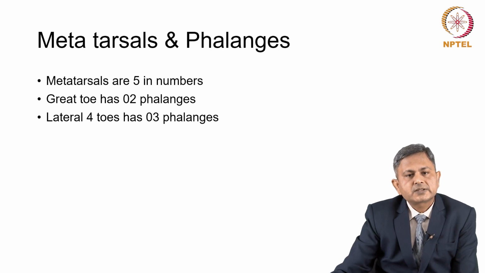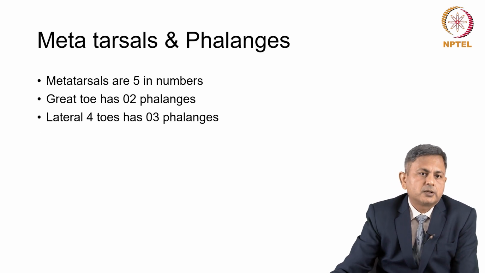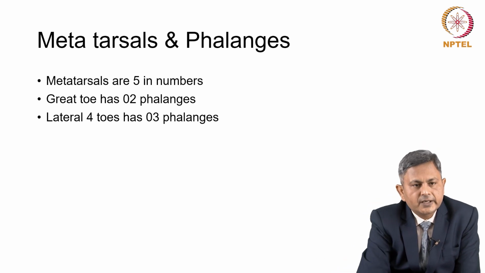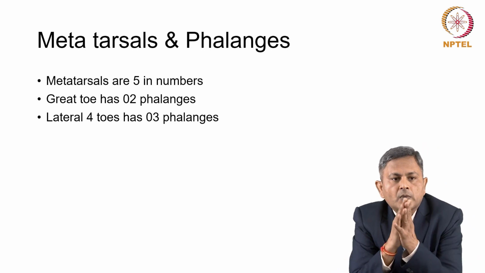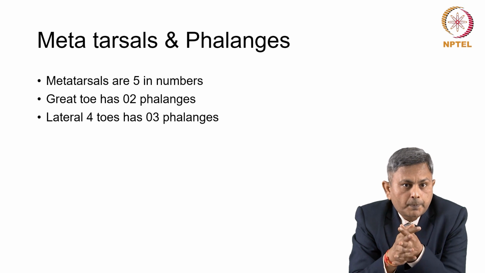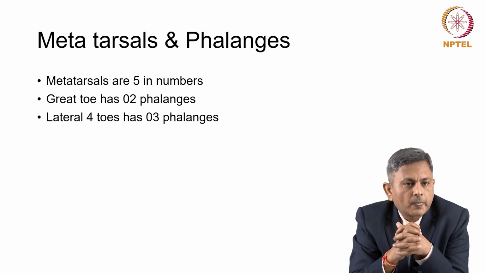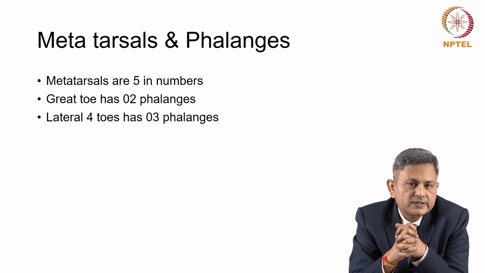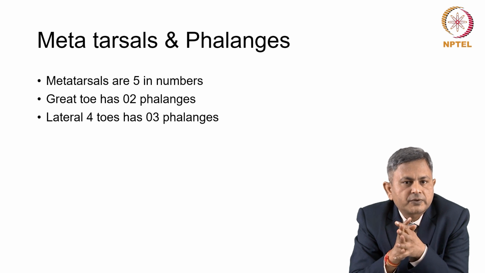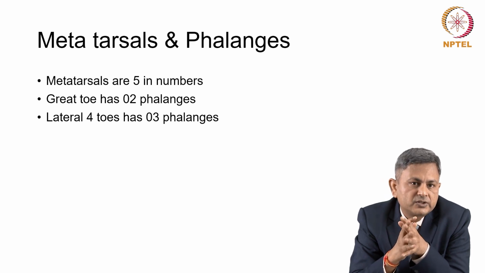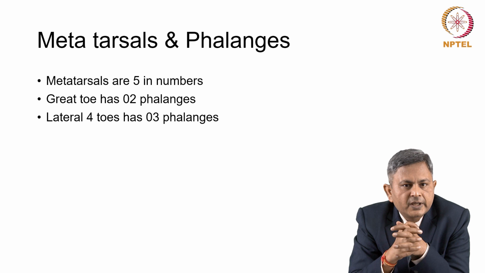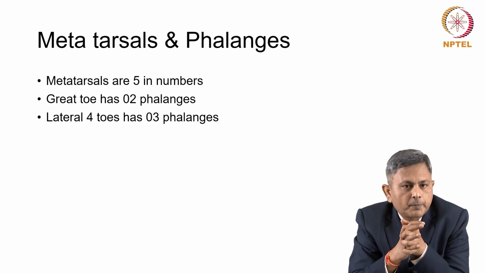And then metatarsals and phalanges. Same as the hand, the lower limb has metatarsals and phalanges. The great toe has only 2 phalanges, and the rest of the toes have 3 phalanges. The main function of our foot is weight bearing.